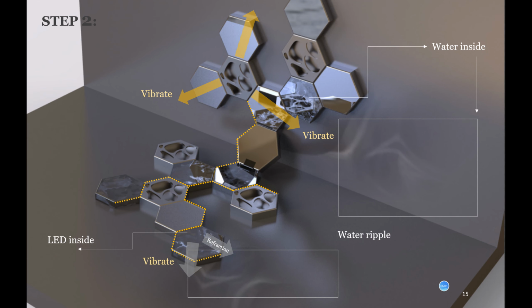Then the vibrations are transmitted to each module through the connection of the multi-module surface, such as the transparent module. Vibration causes the water inside the transparent module to vibrate to produce water ripples, and the internal LED lights reflect the changing water ripples to the ground to create a changing surrounding environment.